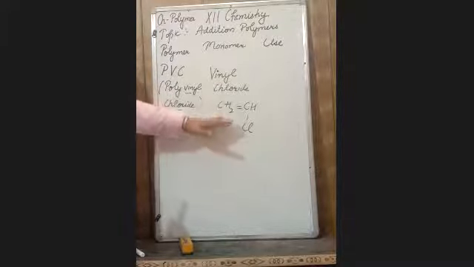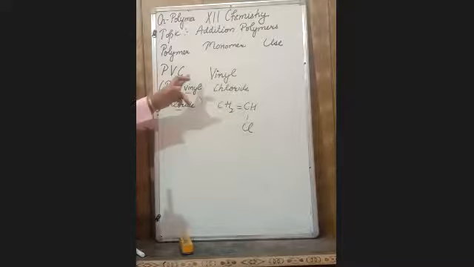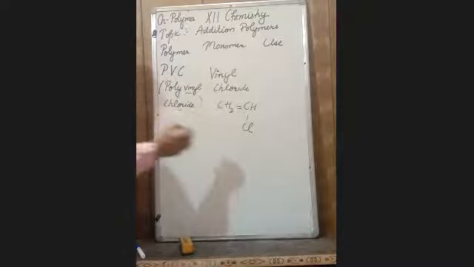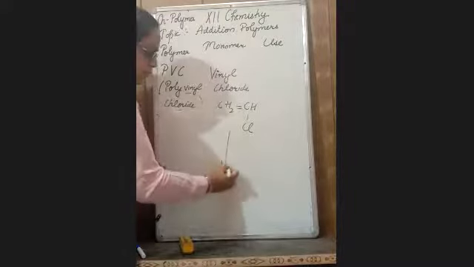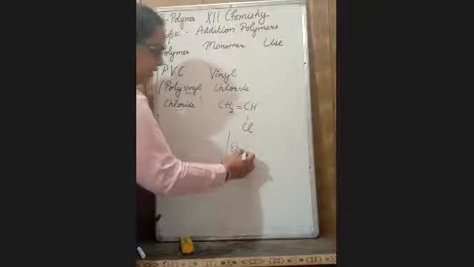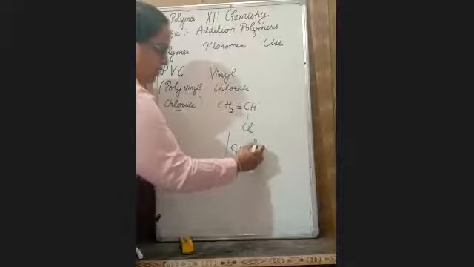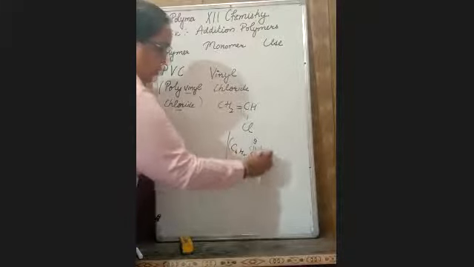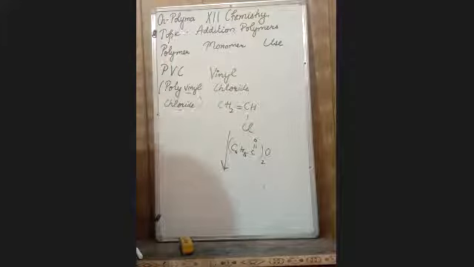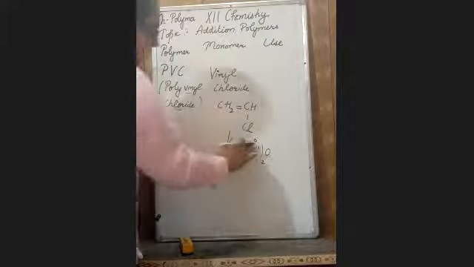This is the repeating monomer of this polymer, and they will undergo polymerization in the presence of benzoyl peroxide, C6H5CO2O, as catalyst.